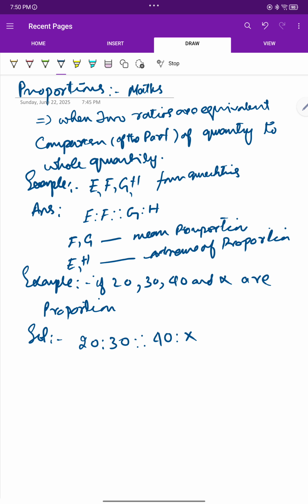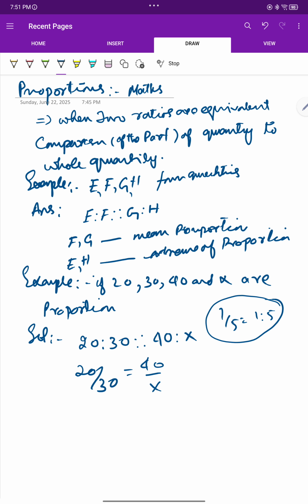In mathematics this is pretty simple. You can write 20 by 30 is equal to 40 by x. This is common arithmetic in algebra.